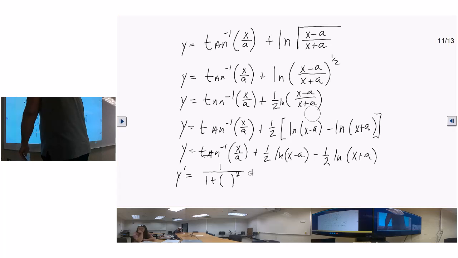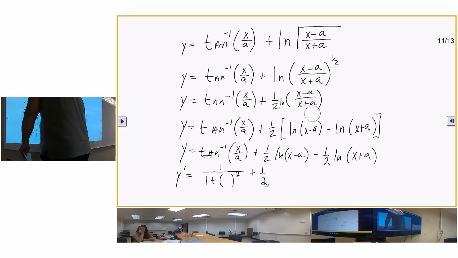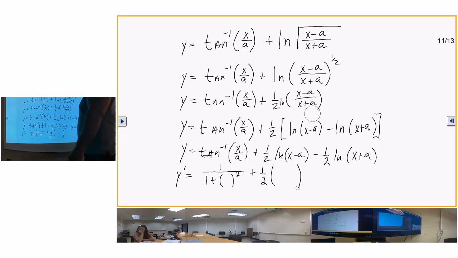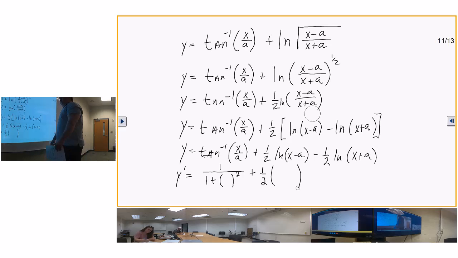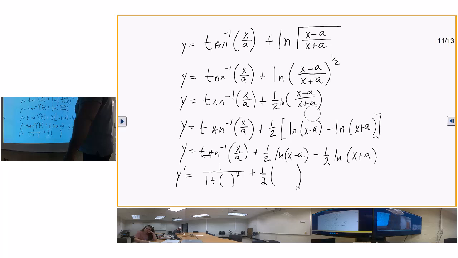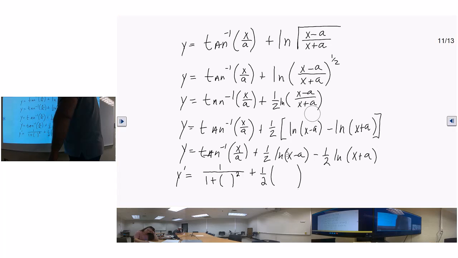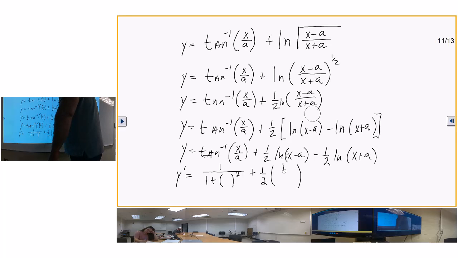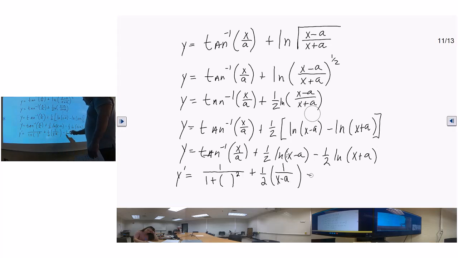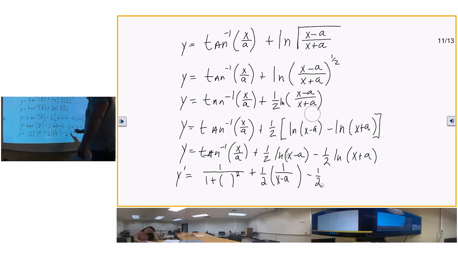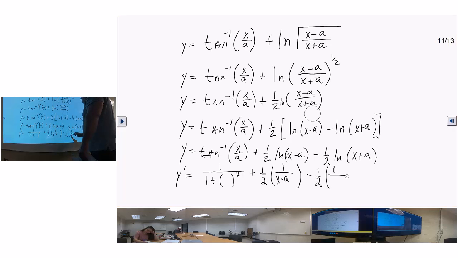Plus 1/2. What is the derivative of the natural log of blah, blah, blah? Well, du over u. What's the derivative of x minus a? 1, because that's a 1 right here, and that's a constant. 1 over x minus a. Minus 1/2 of 1 over x plus a.